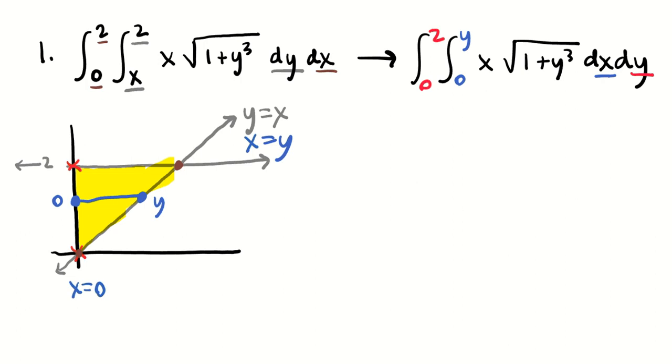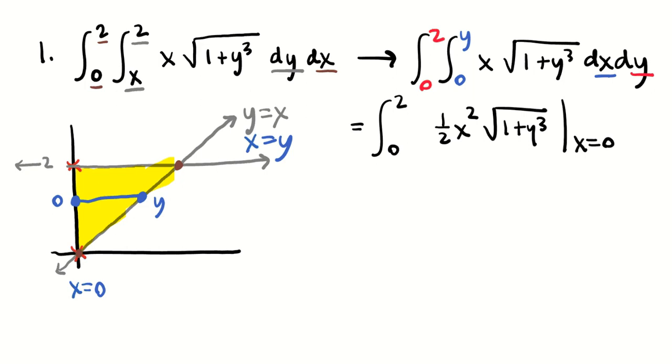I'm going to think of an antiderivative for this with respect to x, and I can do that. That will be still the integral from 0 to 2 of 1/2 x squared, and leave this thing the same because it's a constant. And that says x runs from 0 up to y. And then we're still integrating that with respect to y.